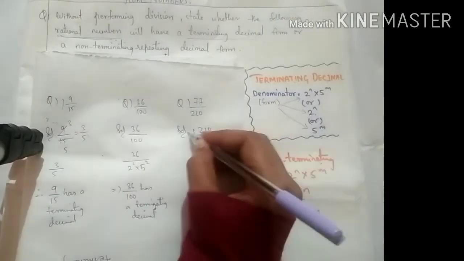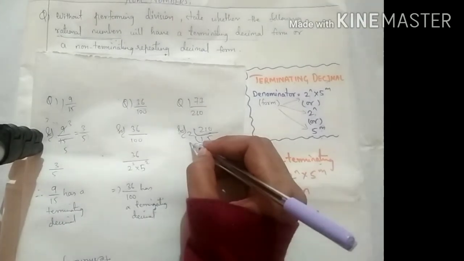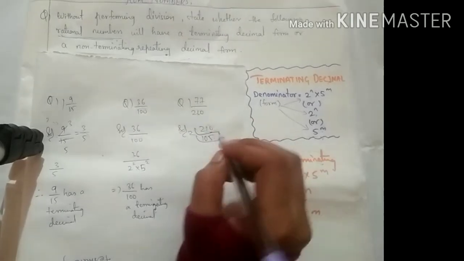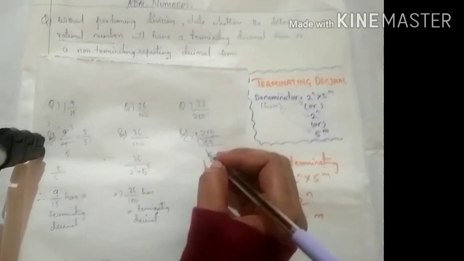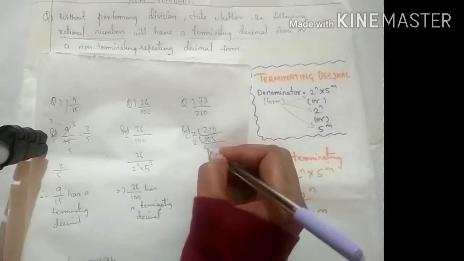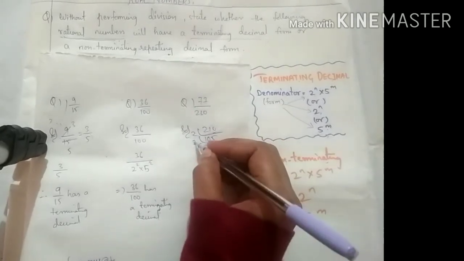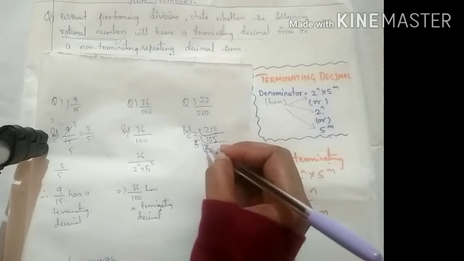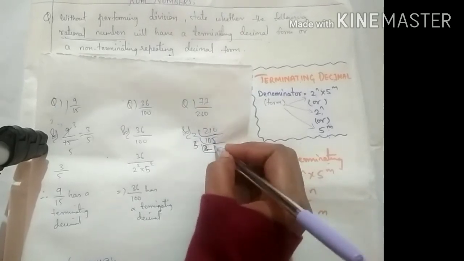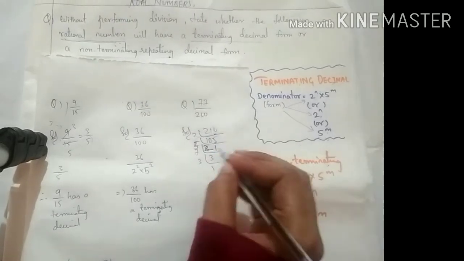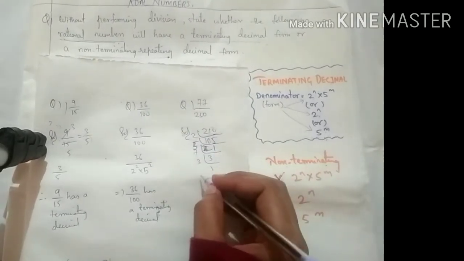Now the last one, the denominator is 210. So 2 1s are 2. After that 2 digits are there, so that's why I am taking 0 and then I am taking 5. Here 5 is there, so you can take 5 as a factor. 5 2s are 10, 5 1s are 5. Here 21 is there, so 7 3s are 21, you can take 7 as a factor, and 3 1s are 3.